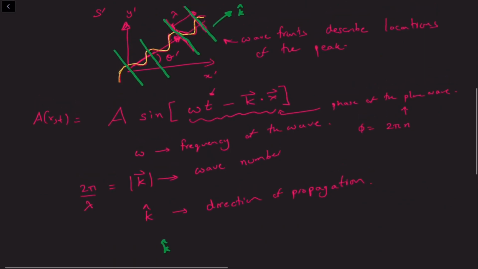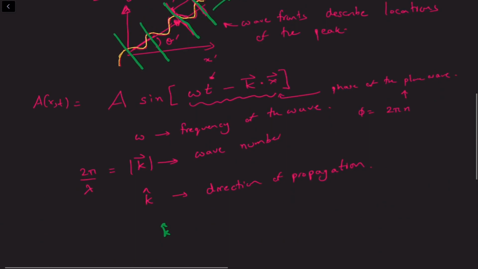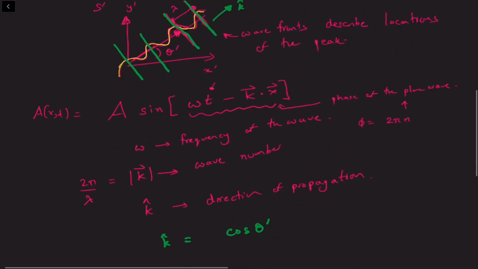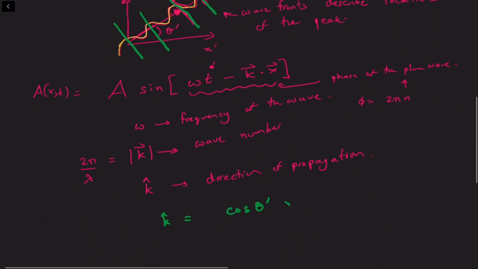That unit vector can be easily written down in terms of its x and y components. The unit vector is cosine theta prime in the x hat direction plus sine theta prime in the y hat direction.